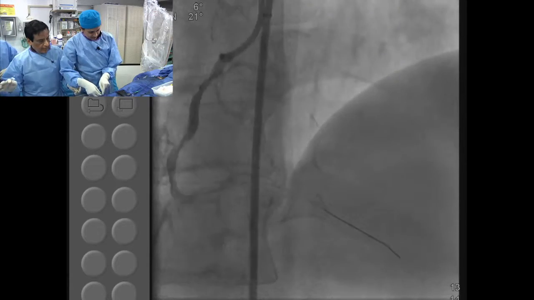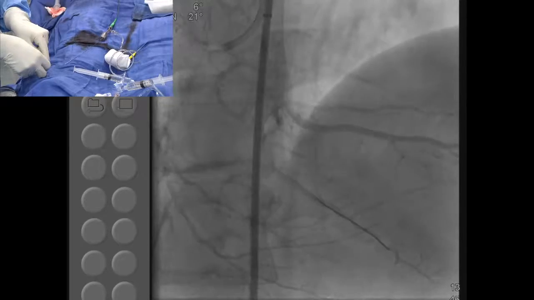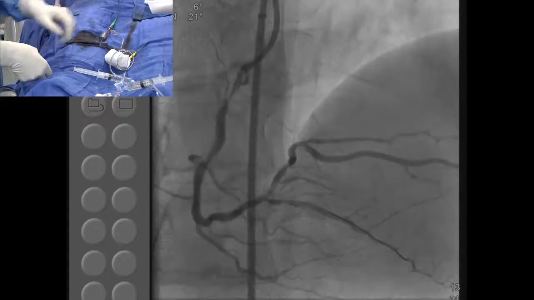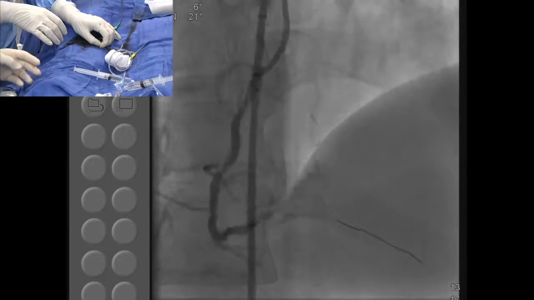On the basis of MATRIX, more transradial cases for STEMI?